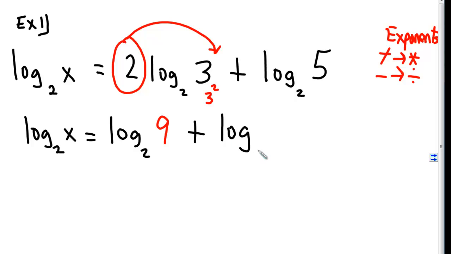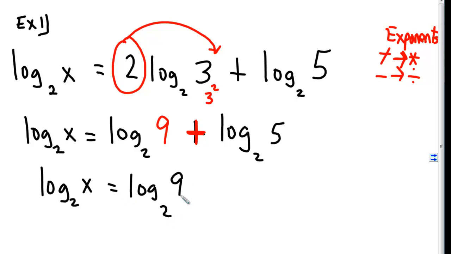Plus log base 2 of 5. I still have two logarithmic terms on the right-hand side. There is a plus sign here. That means I need to change this to multiplication. So log base 2 of x equals log base 2 of 9 times 5.